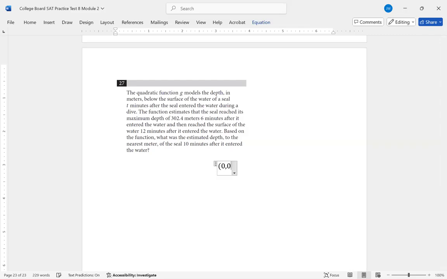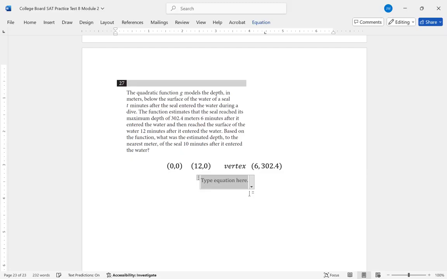So we have the point 0, 0, we have the point 12, 0, and then we have what is essentially the vertex at 6 comma 302.4. Again, if you wanted to think of depth as being negative, since it's underneath the water, you can do the exact same thing with negative 302.4. Just all your Y values go from positives to negatives. But there you go.